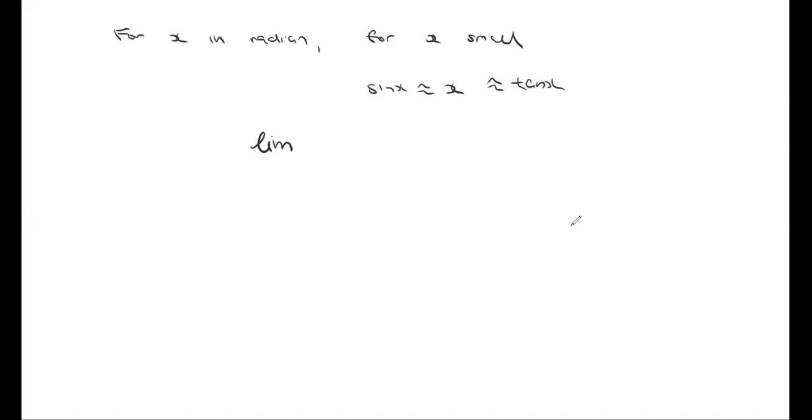What do you think is the limit as x approaches 0 of sine x over x? So it's 1, because they're roughly equal the smaller you go. If you go basically as small as 0, but not reach 0, then the answer will just be 1.